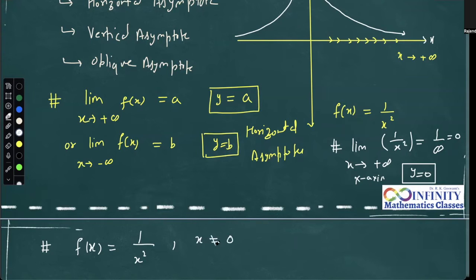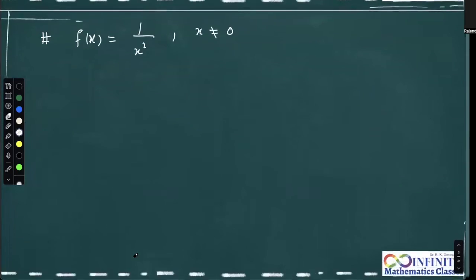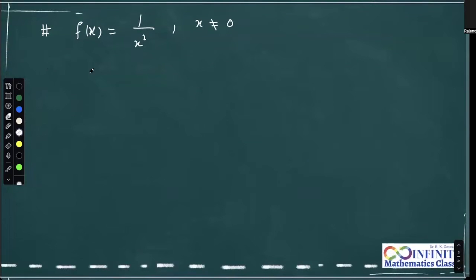So basically x should not be equal to 0. Am I right? Is there any other point where the function is not defined? The answer is no. 1 over x square is defined everywhere else.